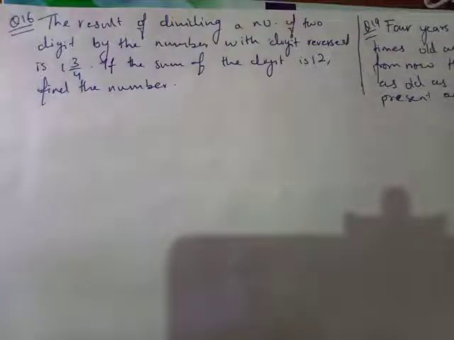The question says, the result of dividing a two-digit number by the number with the digits reversed is 1 whole 3 upon 4. If the sum of the digits is 12, find the number. Maybe some of you didn't understand, so I'll read it again.